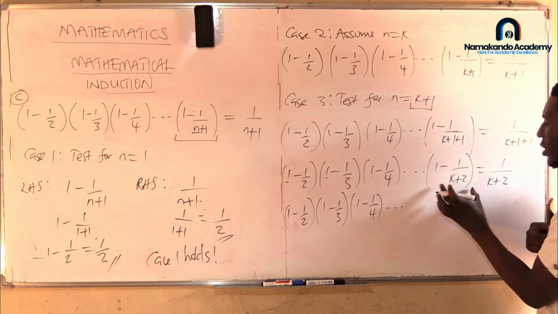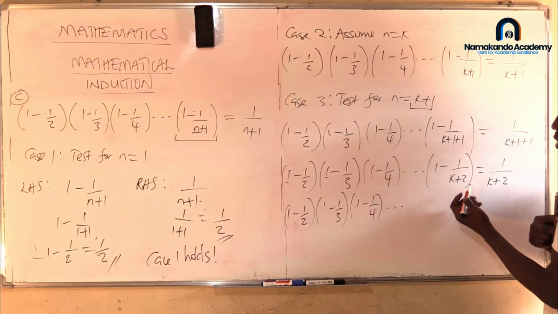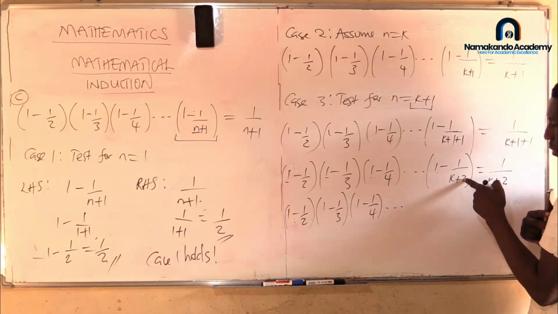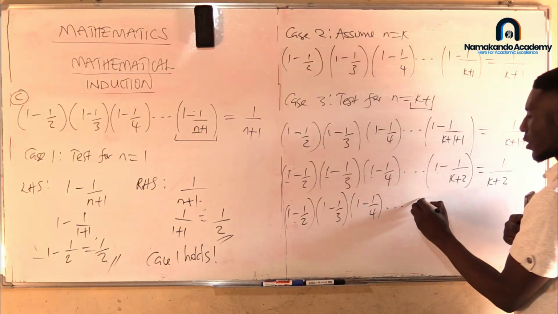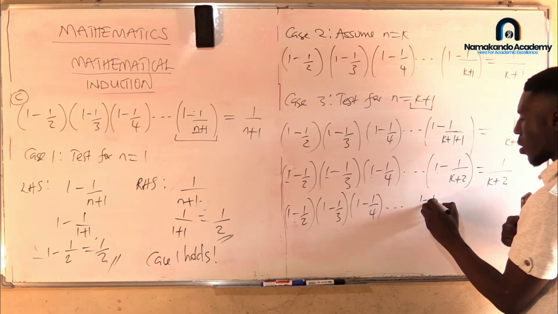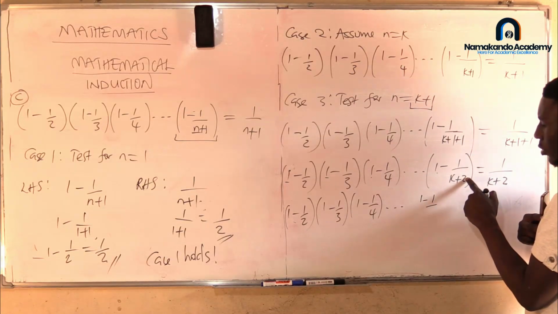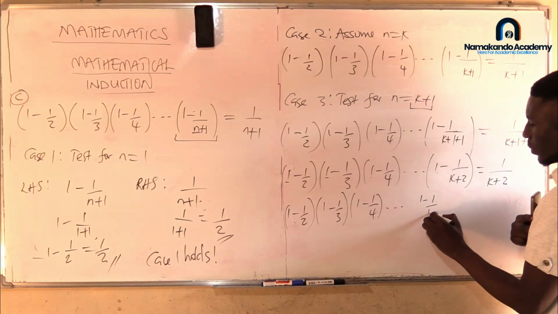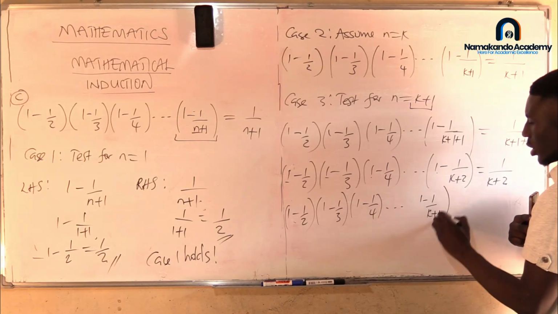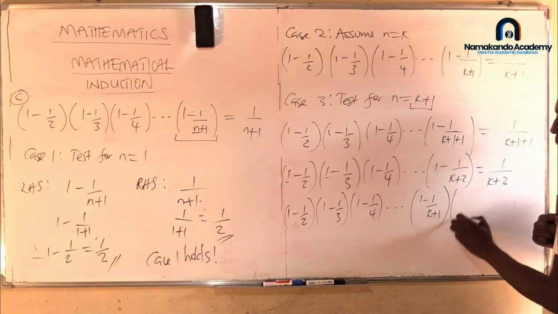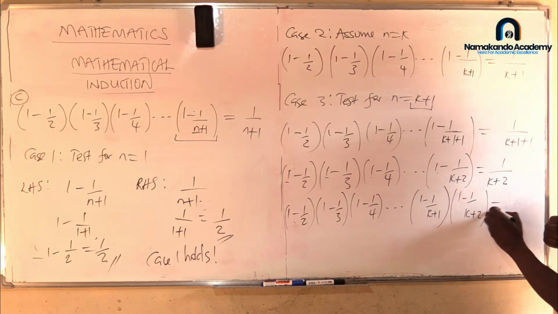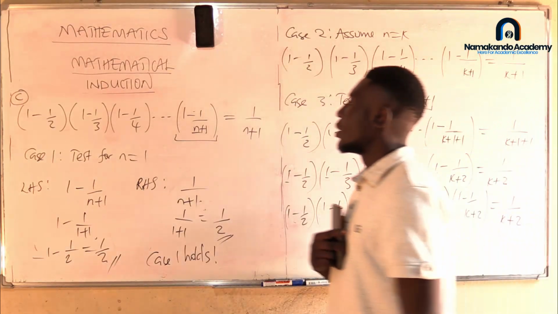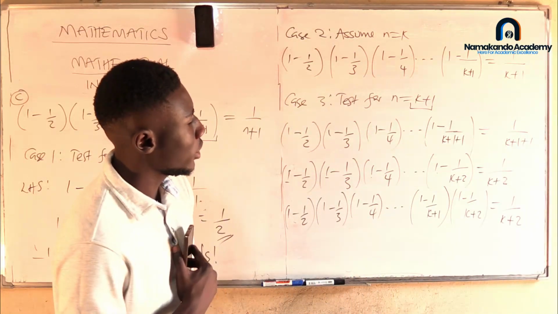The one just before the last would be this one minus 1, since we increase by 1. So this will give us 1 minus, when we say k plus 2 minus 1 gives us k plus 1, like this. Then multiply by the last one now. So this is what we have on the right hand side.